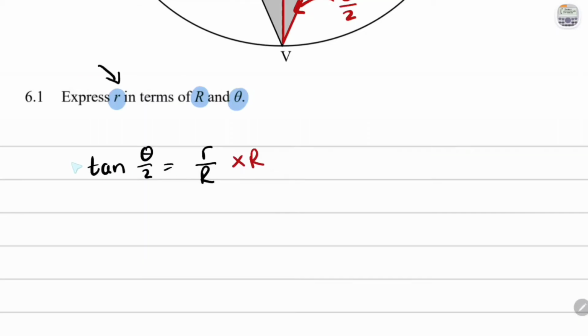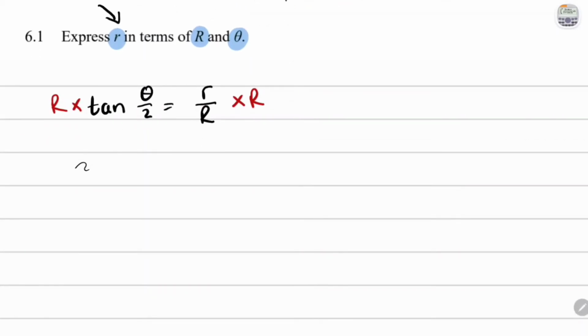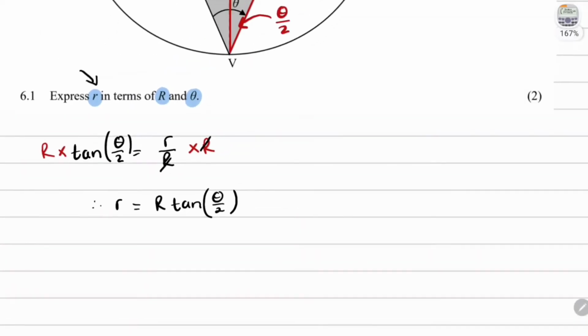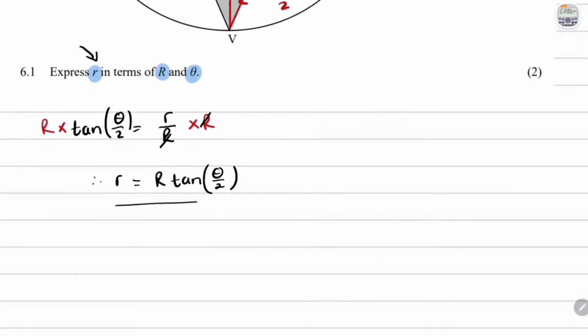So we're going to multiply both sides by the big R. And so r is equal to, because that cancels out here, what we're left with is R tan of theta over 2. Let me actually put this in brackets because that's an angle, it's not like an expression like that. Okay, so that is what r is, expressing r in terms of big letter R and theta.